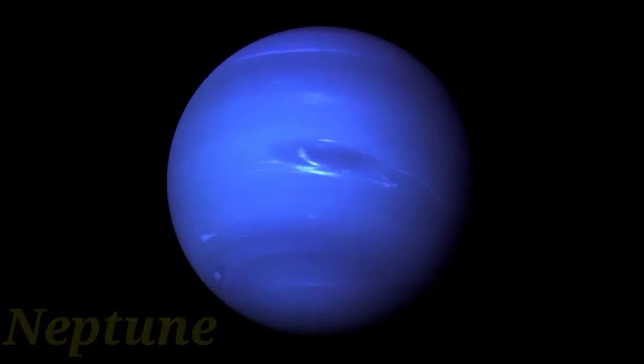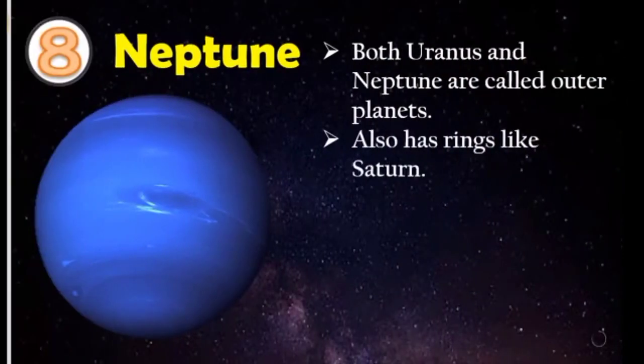So, next is Neptune. Both Uranus and Neptune are called outer planets. Neptune also has rings like Saturn. Neptune is the eighth and the farthest planet from the Sun.